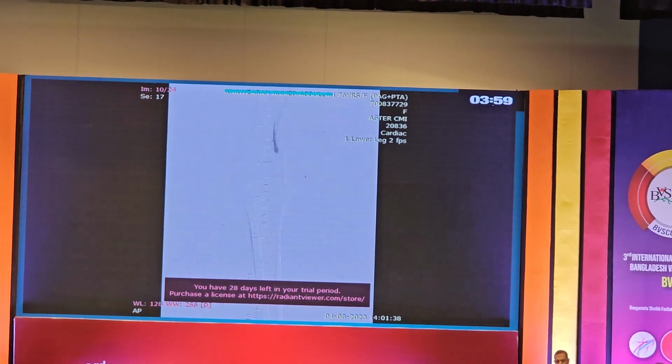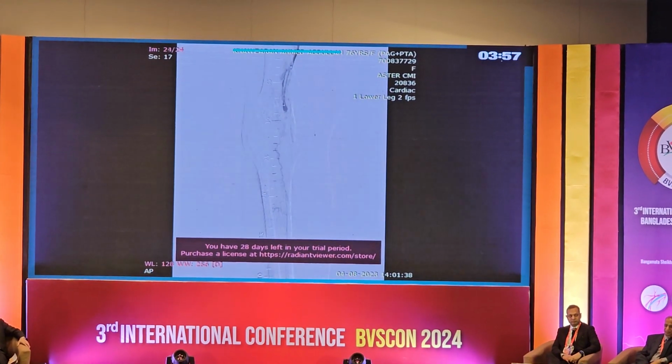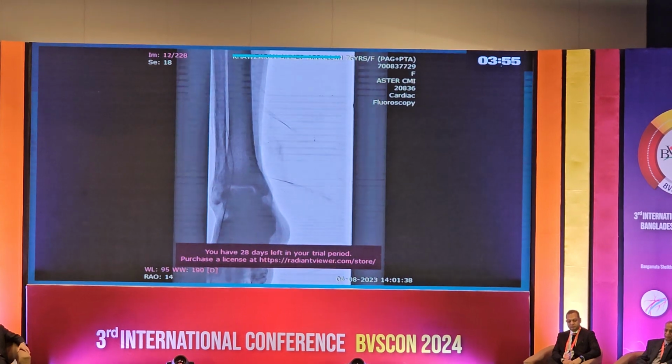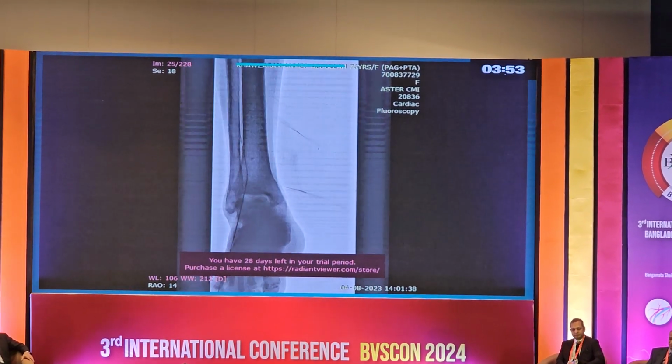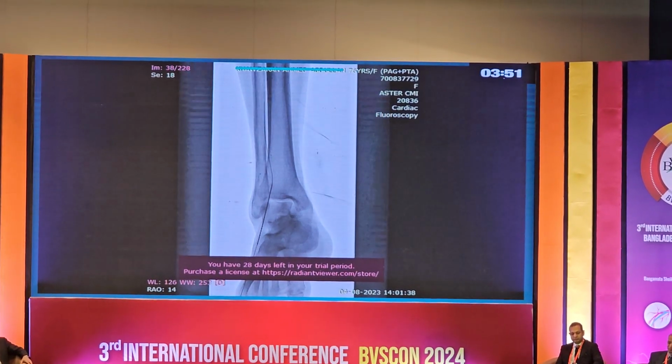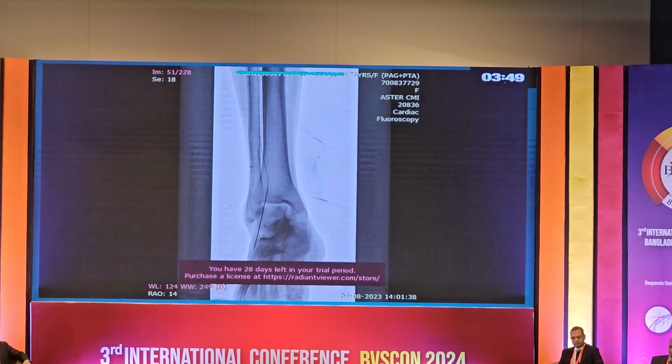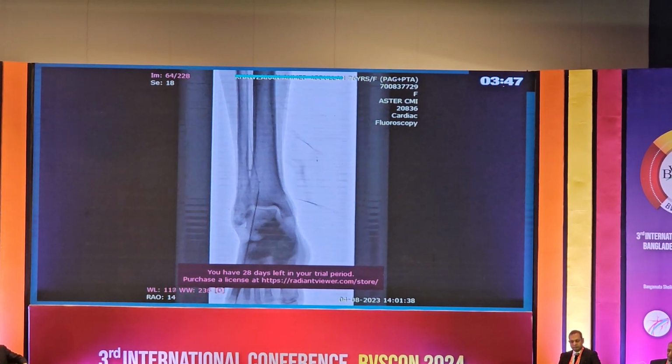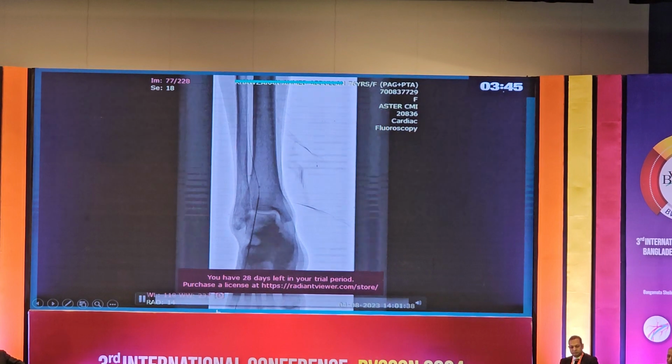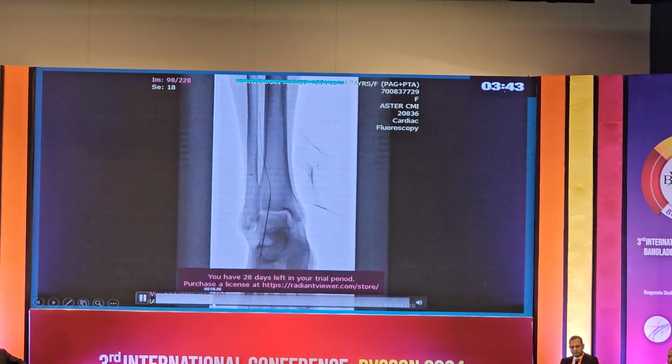So after several hours, I think by this time we had spent 2-3 hours on that patient and it was a blind loop. We decided to go by retrograde. Under ultrasound guidance, we punctured the dorsalis pedis artery and pushed the wire up. So it was not easy from here also.